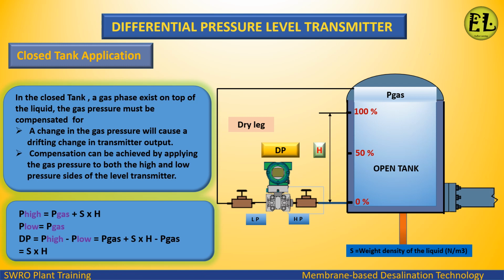Compensation can be achieved by applying the gas pressure to both the high and low pressure sides of the level transmitter. P high equals P gas plus S x H, P low equals P gas, dP equals P high minus P low equals P gas plus S x H minus P gas equals S x H.